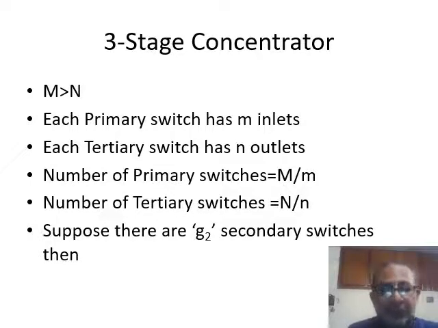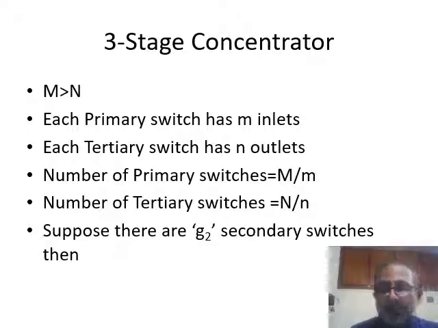On the primary stage, all the inlets are getting connected, and the total number of inlets, we say it is capital M, and the total number of outlets is capital N. Then each primary switch has small m number of inlets, and each tertiary switch has small n number of outlets.